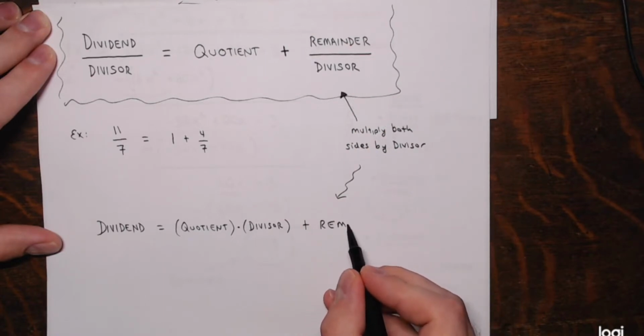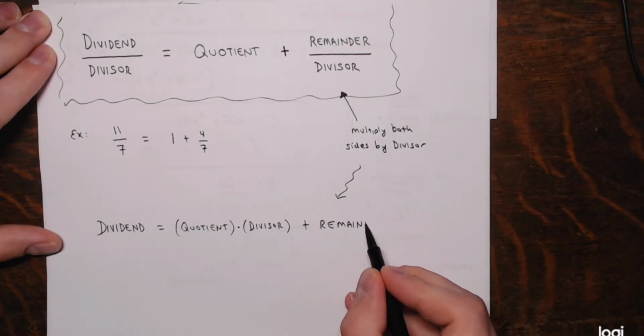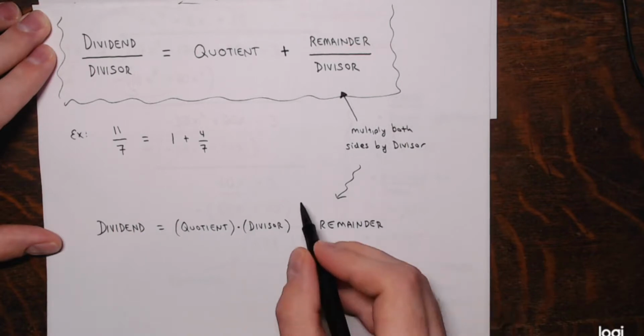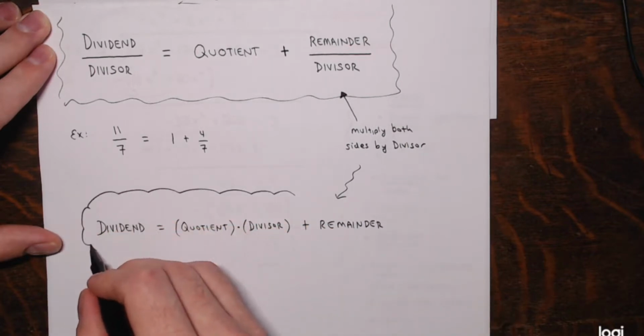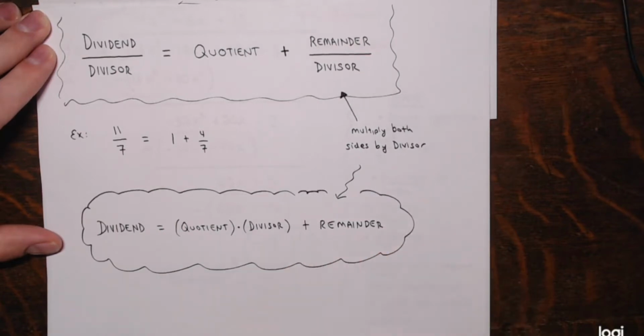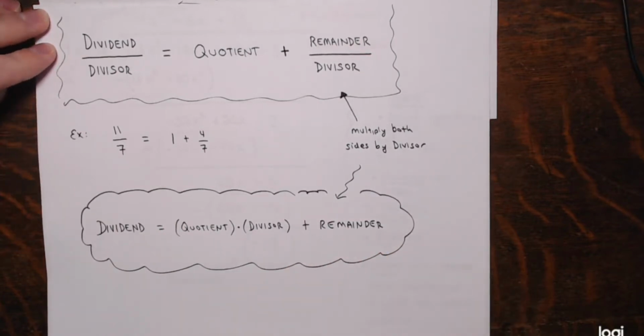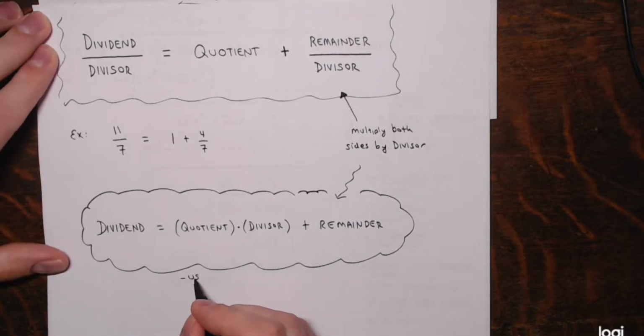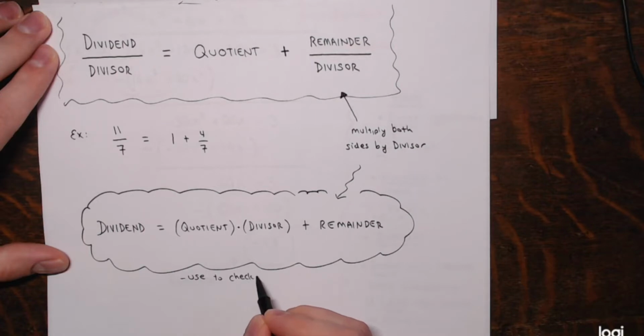Alright, so here's another way we could express the result of our division. In fact, this is the way I'm going to use to check our result. Alright, I'm going to use this version to check and see if we are correct.